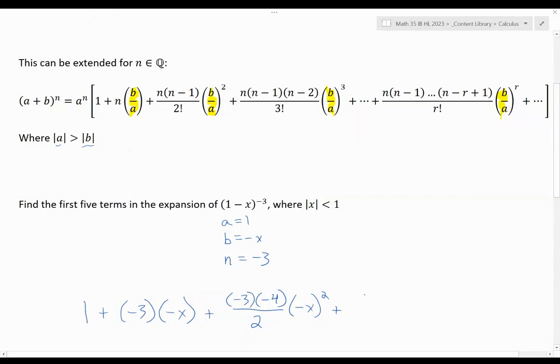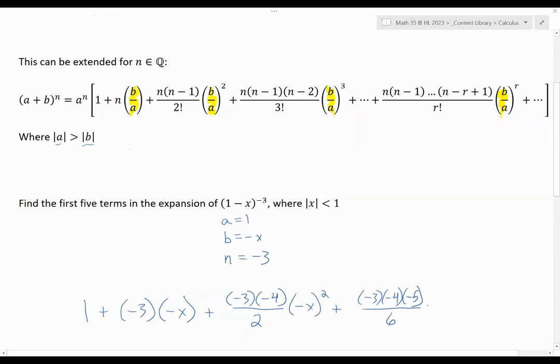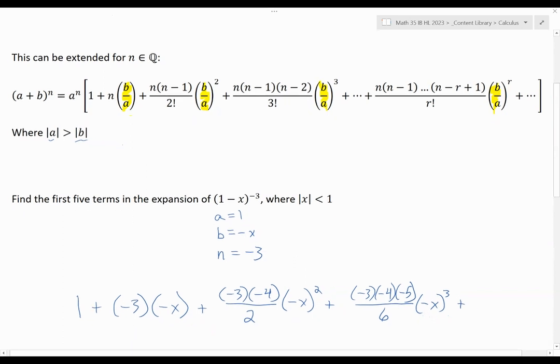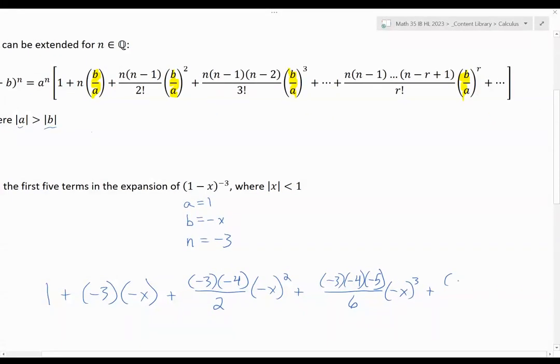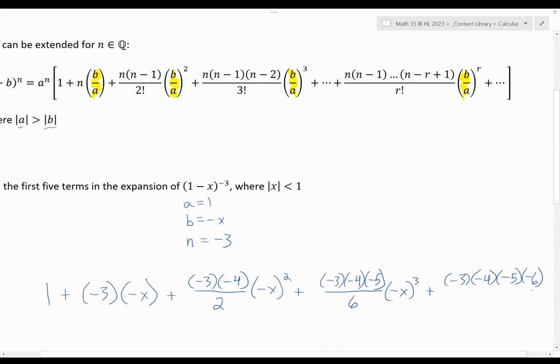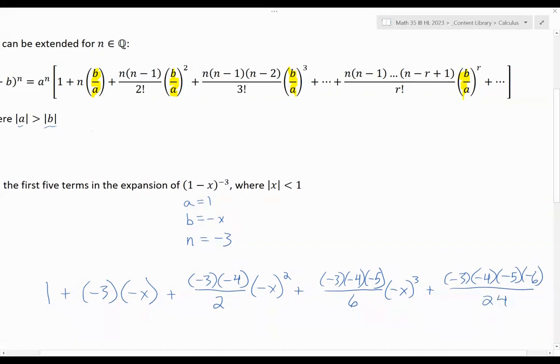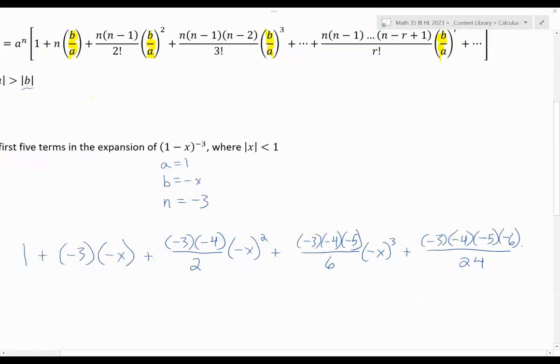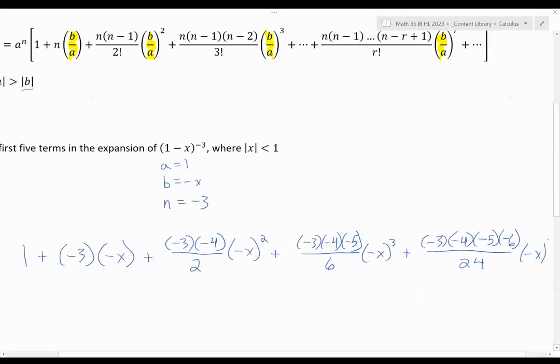The fourth term will be negative 3 times negative 4 times negative 5, divided by 3 factorial, which is 6, times negative x cubed. And the fifth term will then be negative 3 times negative 4 times negative 5 times negative 6, divided by 4 factorial, which is 24, and that will be times negative x to the power of 4.